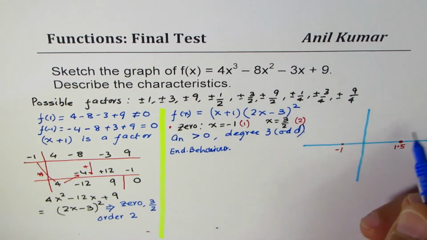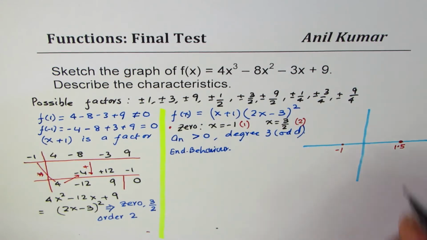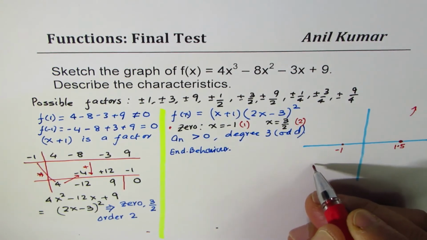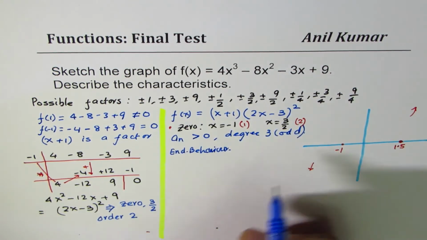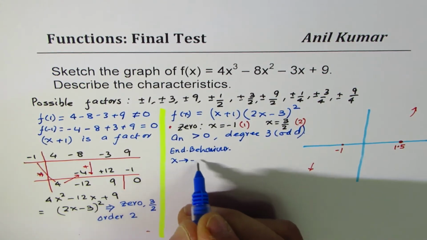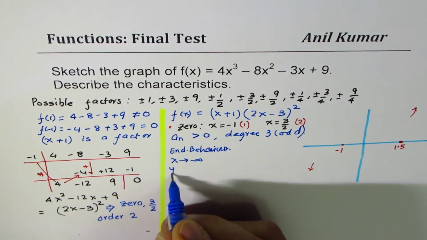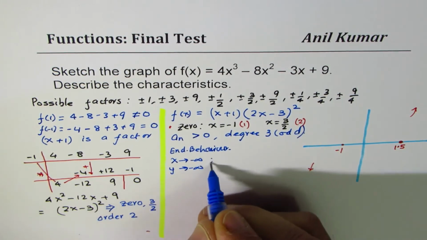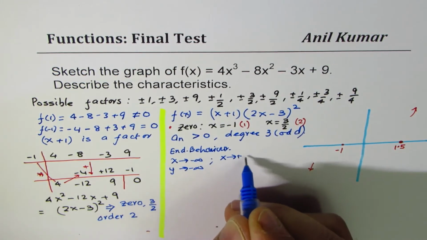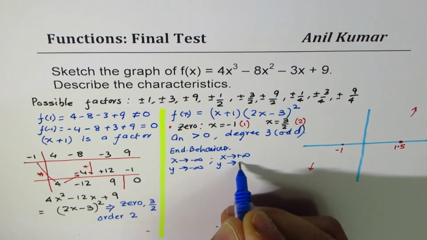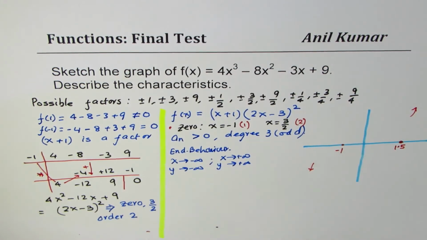So the end behavior is right side up, and opposite ends. So the end behavior is when x approaches negative infinity, y approaches negative infinity, and when x approaches positive infinity, y approaches positive infinity, as shown there, right?